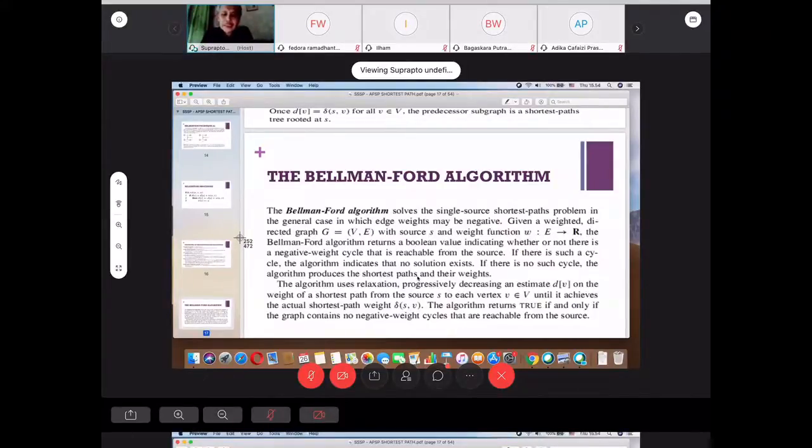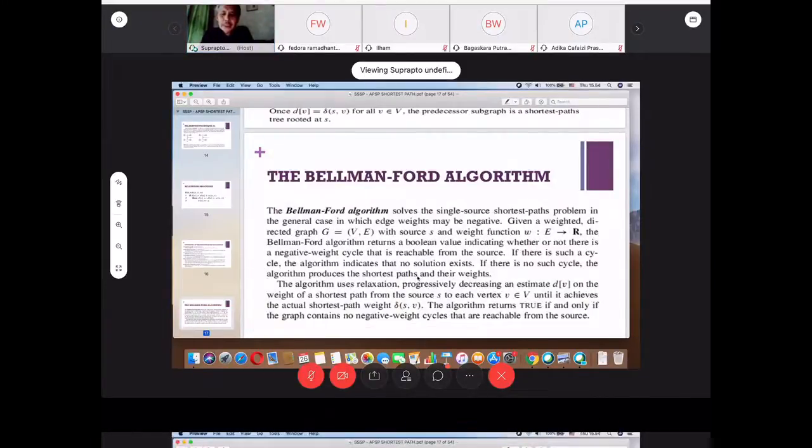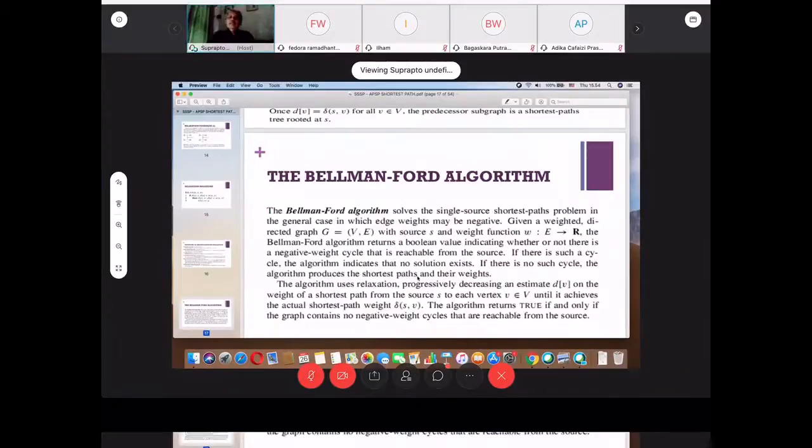Right? When there is no negative weight cycle reachable from S, then the algorithm will produce the shortest path and their weights.